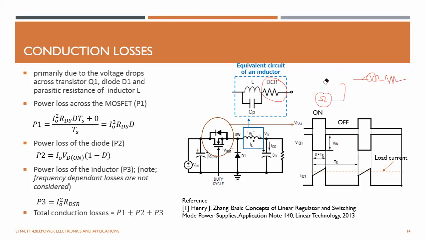So every coil, due to its copper loss, has a resistance. And there are also some capacitances between each and every coil turn, which add up and we can get the equivalent capacitance.